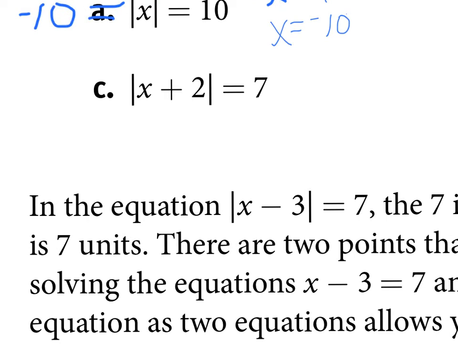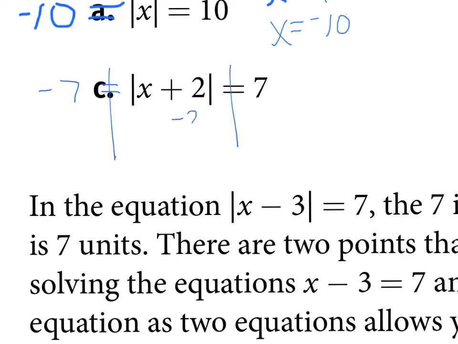Same thing as we did in letter A. This is saying that the distance from x plus 2 is 7 units away. So remember that there is another value, negative 7, that is also 7 units away. So we have to include that in our answer. Now, just like we did with the other inequalities, we solve for x.